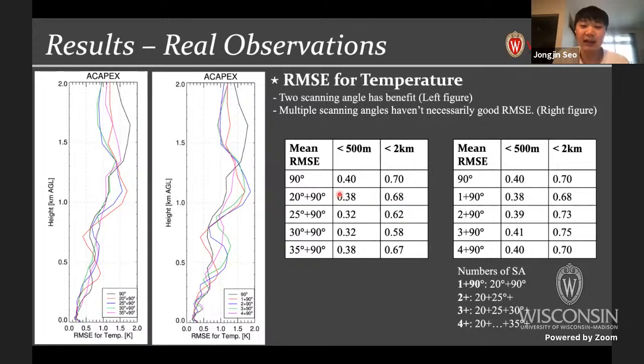And also we can see that 2 scanning angles have lower RMSE than single zenith. However, at multiple scanning angle test, we can see that the multiple scanning angles haven't necessarily got good RMSE. And also you can see the same things in mean RMSE tables.